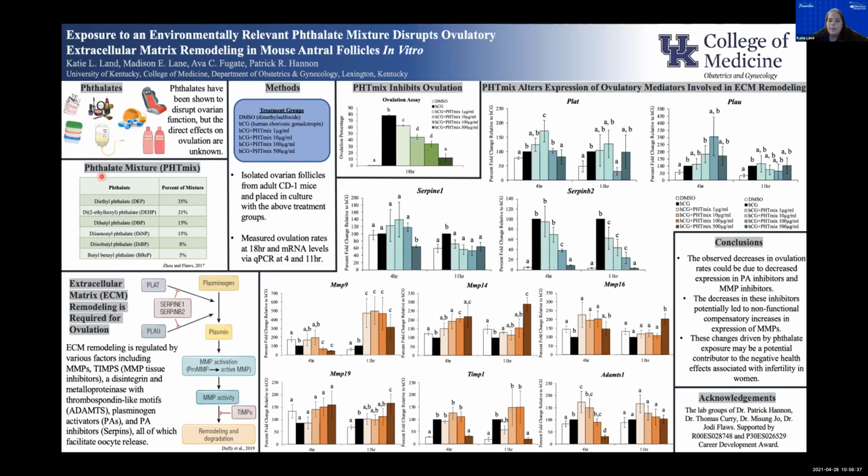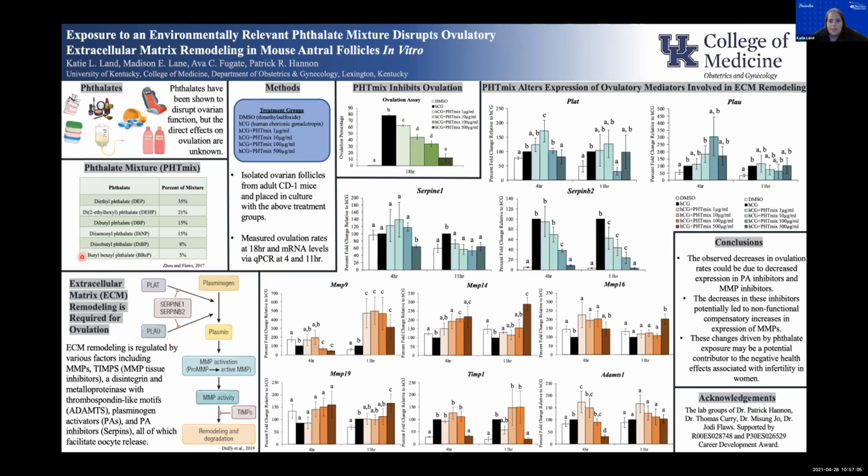And so, again, because the direct effects on ovulation are unknown and because women typically have a higher exposure profile to phthalates, we study the effects of these chemicals on ovulation directly. And so briefly, ovulation is the release of the egg from the follicle, which is initiated by the luteinizing hormone surge, which I will refer to as LH, or clinical treatment of human chorionic gonadotropin, which I will refer to as HCG, and is essentially just a more potent analog of LH.